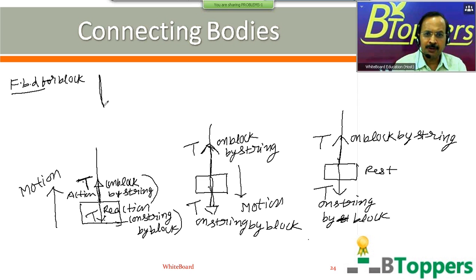So when you draw the free body diagram for the block, for any one of the situations shown in the figure, we show the tension force on the block by the string, which acts upwards. And of course, we also have to show the weight of the block, which is the gravitational force on the block by the earth, acting vertically downwards. So the free body diagram for the block is drawn in the same manner for all three situations shown in the figure.